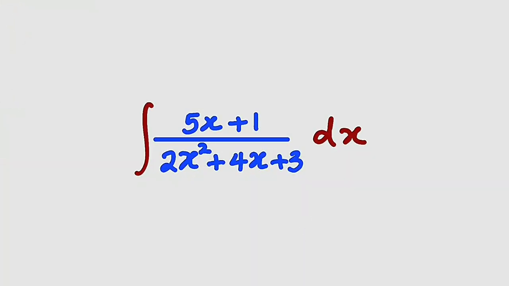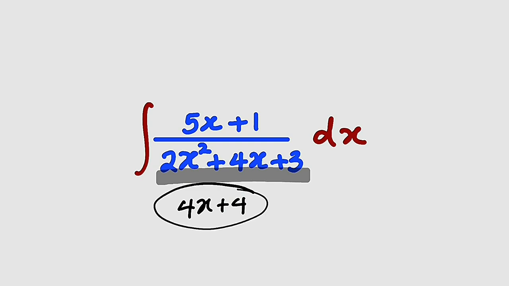Here is our second to the last problem. We are going to integrate this function, 5x plus 1 divided by 2x squared plus 4x plus 3, with respect to x. One thing you should observe here is that if you differentiate the denominator, you're going to obtain 4x plus 4. So how can we transform our numerator in such a way it will contain 4x plus 4?